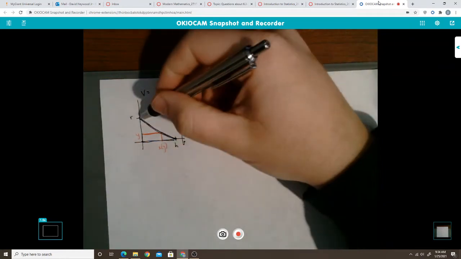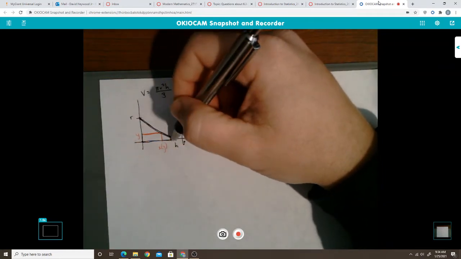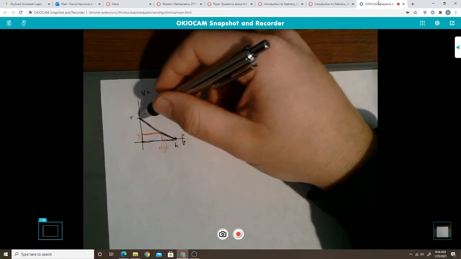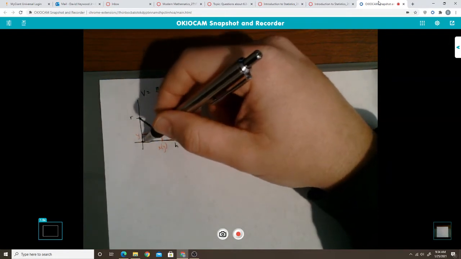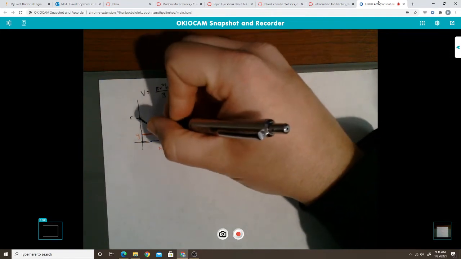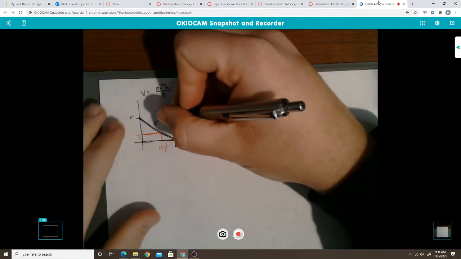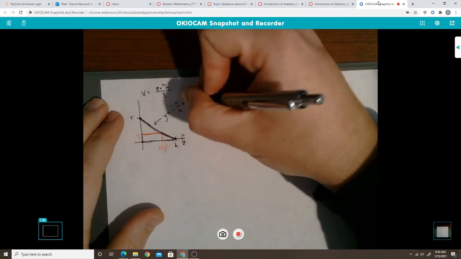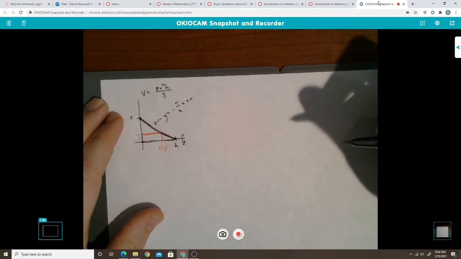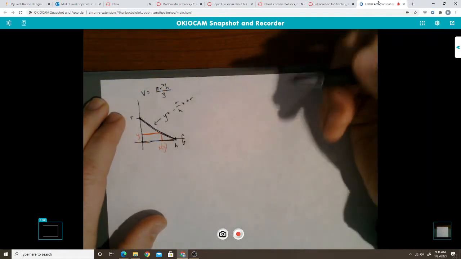Well, this line segment is just a straight line, and it has y-intercept r and slope negative r over h, right? Because you go down r over h. So that line segment is y equals negative r over h times x plus r. Then you want to solve that for x, right?